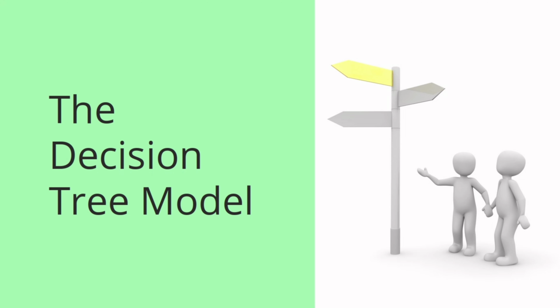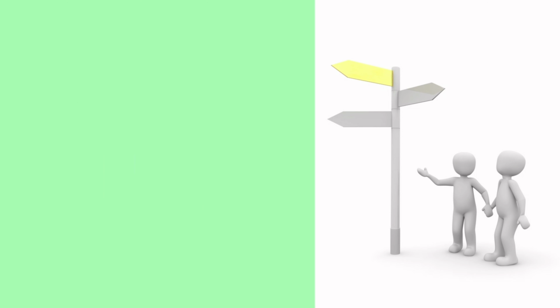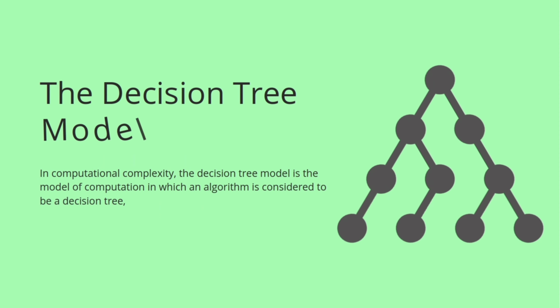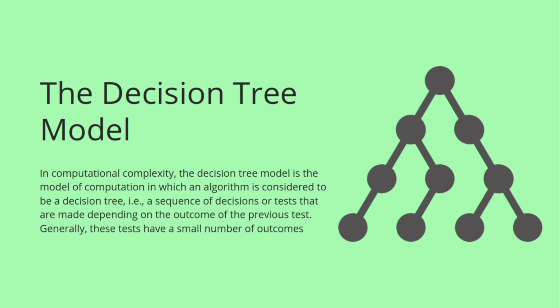Before moving towards the actual proof, let me introduce you to the decision tree model. In computational complexity, the decision tree model is the model of computation in which an algorithm is considered to be a decision tree, that is, a sequence of decisions or tests that are made depending on the outcome of the previous test.